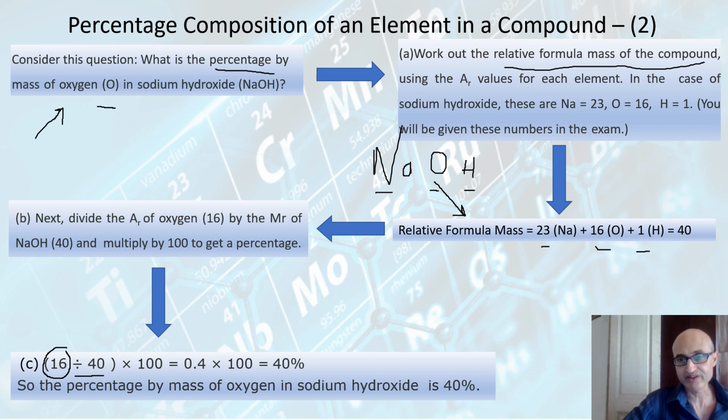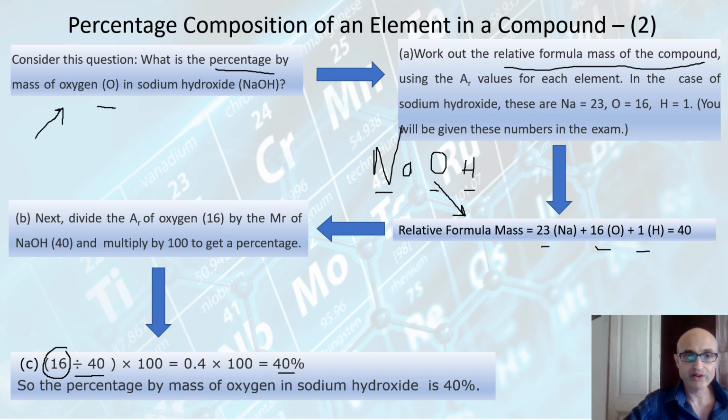The 100% is the 40 of the total RFM, relative formula mass of sodium hydroxide. And it works out to be exactly 40%. So the percentage by mass of oxygen in NaOH is 40%.